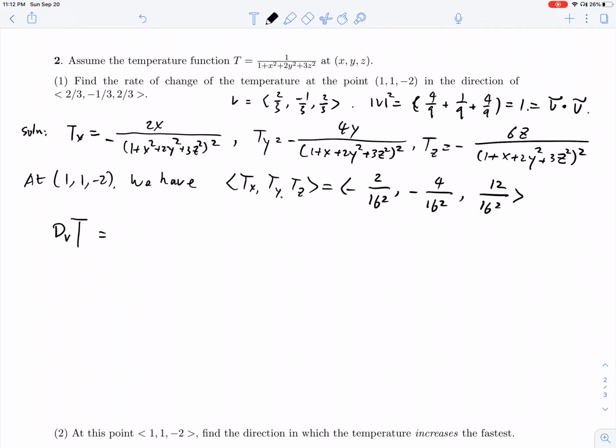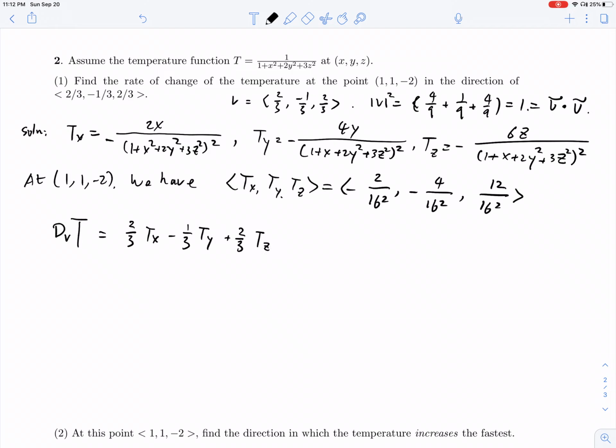It's going to be 2/3 t_x minus 1/3 t_y, plus 2/3 t_z as well.